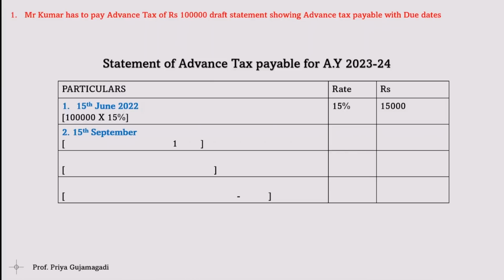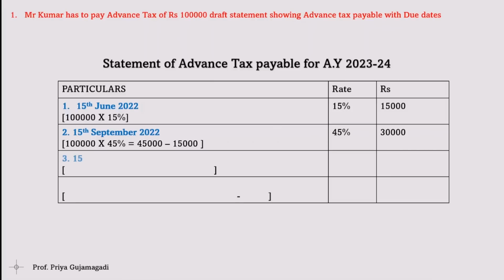On 15th September, we are paying 45% of the tax, that is 1 lakh rupees into 45%, which will come to 45,000. But in this 45,000, we have already paid 15,000 rupees in the first installment, so we have to deduct it. 45,000 minus 15,000 comes to 30,000. So in the second installment, we are paying 30,000 as advance tax.